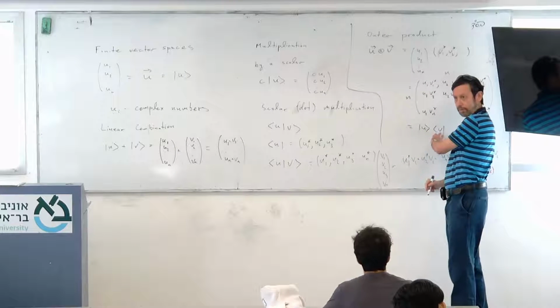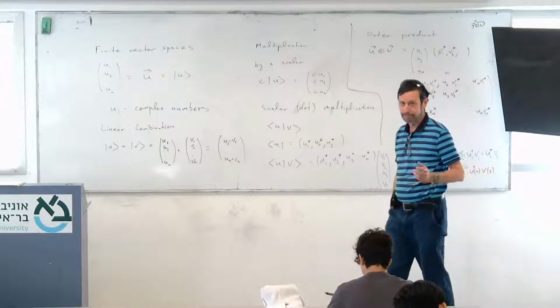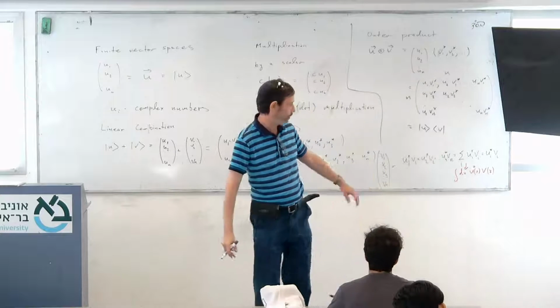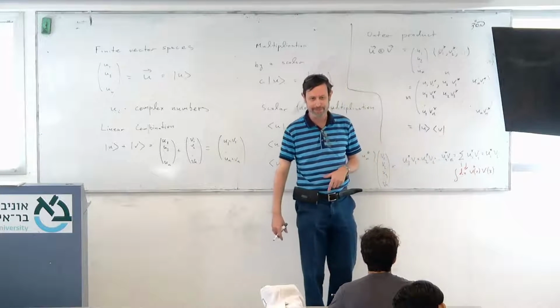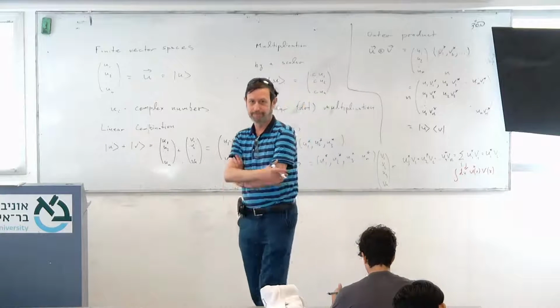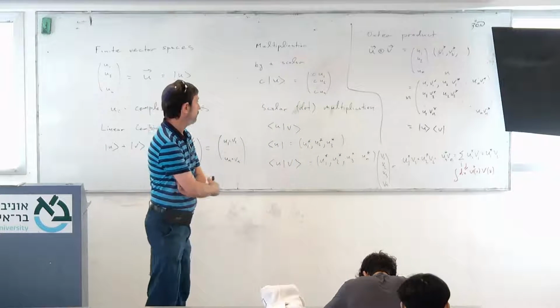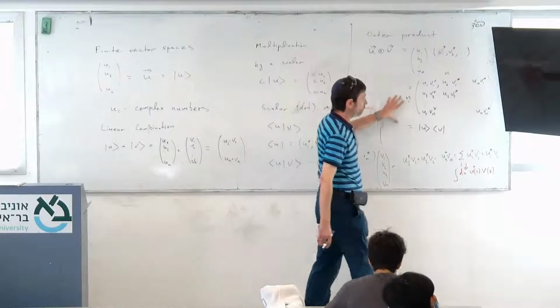Because this is the complex conjugate. It's nice with this notation, it immediately tells you which one is the complex conjugate. Okay, so that's outer multiplication.